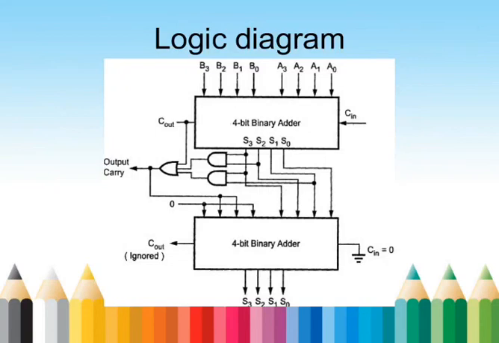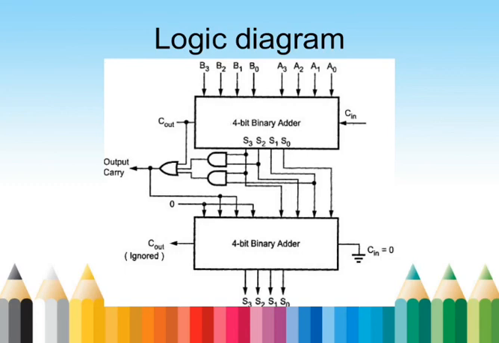This is the logic diagram for the BCD adder. It consists of two 4-bit binary adders. As I already said, this 4-bit binary adder is simply a parallel adder circuit. It has two 4-bit inputs, represented as A0, A1, A2, A3 and B0, B1, B2, B3.